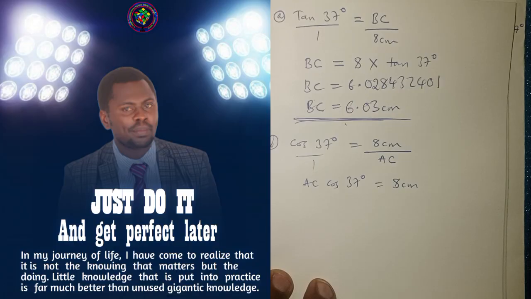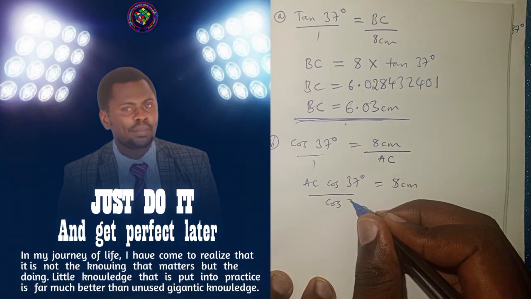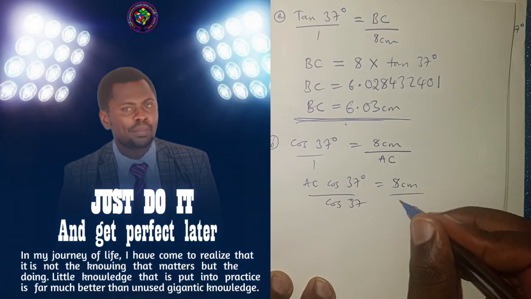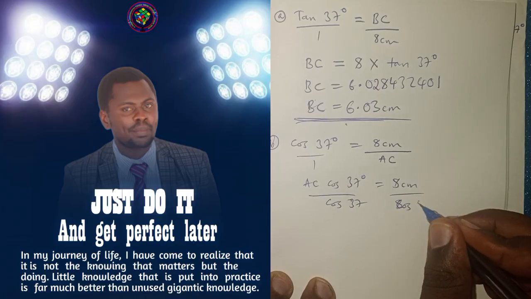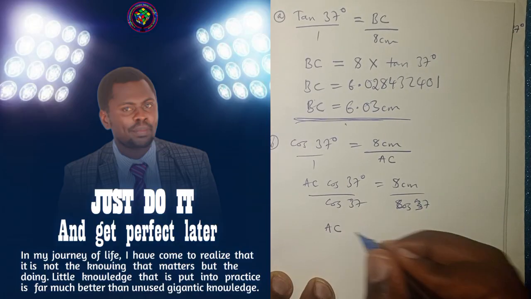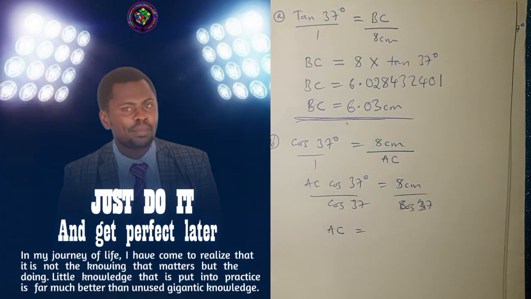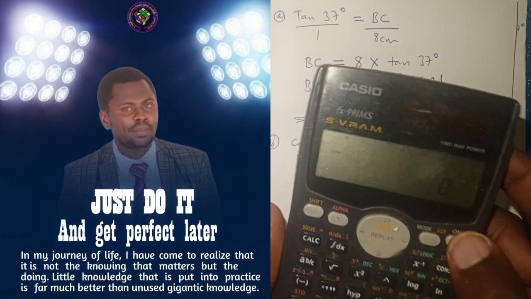Now since we are solving for AC, we are going to divide through by cos 37. So you say over cos 37, and this side over cos 37. So AC is equal to 8 divided by cos 37.